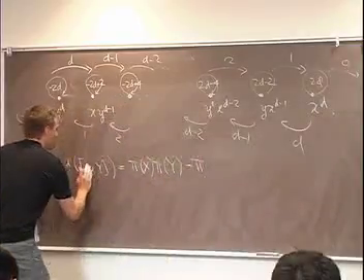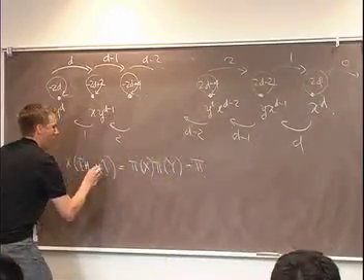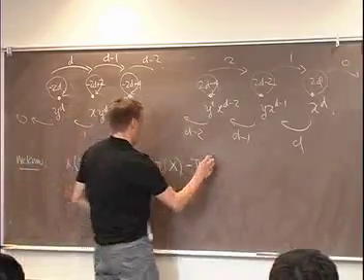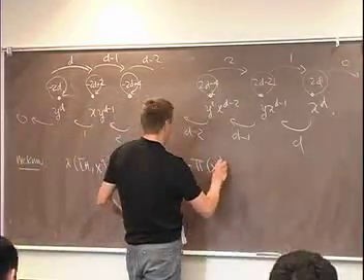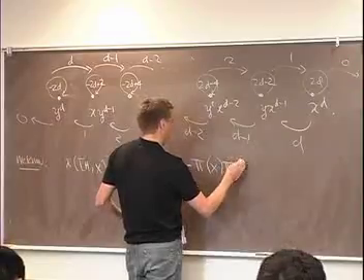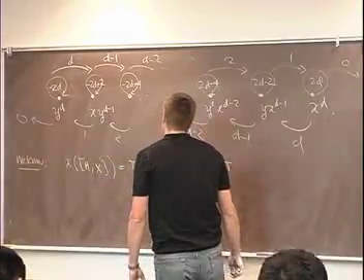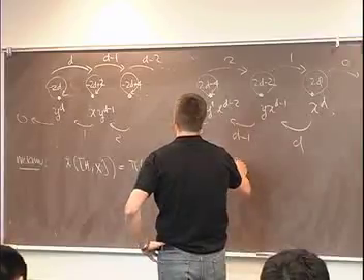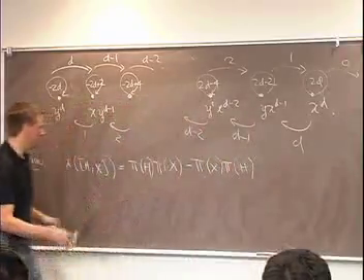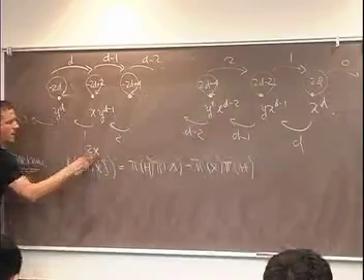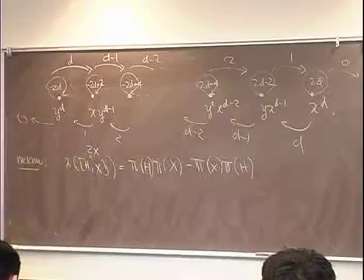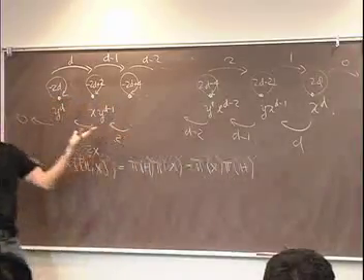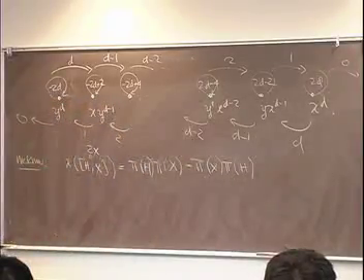Why don't I do the h and the x one first. Pi of h, and this is, after all, 2x. So when we act by 2x on the left-hand side and compute this difference, we get the same answer. That's not so interesting.